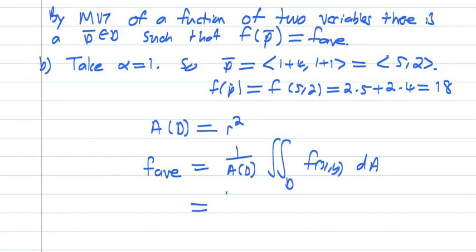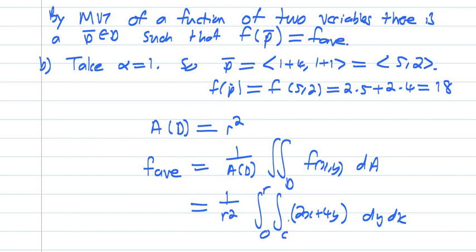So the area is 1 over r squared, and now D is a square, so you can shoot vertical or horizontal bullets, and so it doesn't really matter. I'm going to say, all right, the function is 2x plus 4y, and I'm going to take the order dy dx. So the range of x is from 0 to r, the range of y is from 0 to r.